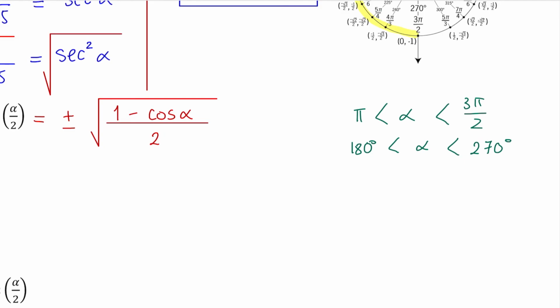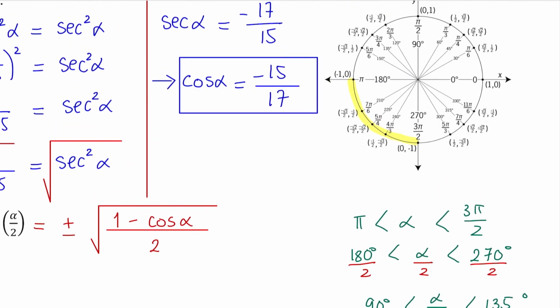What happened to alpha half? Well, I just need to divide it by 2, and divide this by 2, and divide this by 2. So 180 divided by 2 is 90 degrees, less than alpha half, less than 135. Alpha over 2 is in between 90 degrees and 135 degrees.